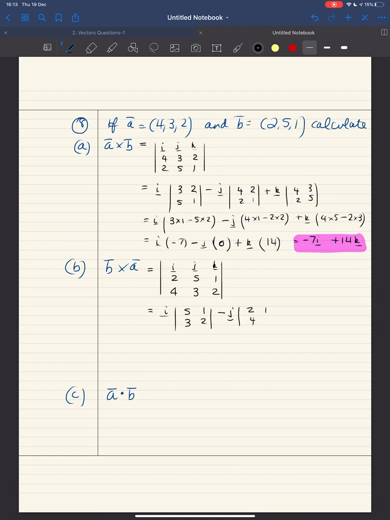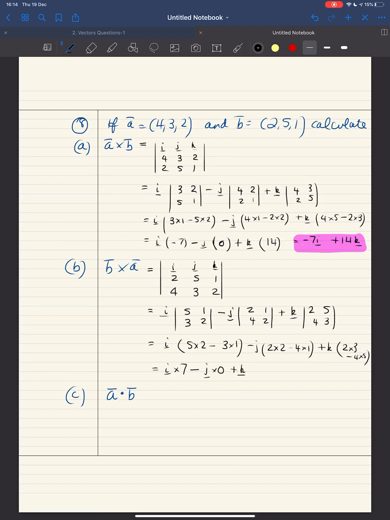j, 2 4, 1 2, plus k, 2 5, 4 3. So it's i, 5 times 2 minus 3 times 1, minus j, 2 times 2 minus 4 times 1, plus k, 2 times 3 minus 4 times 5. So it's i, 10 minus 3, which is 7. j is still 0 like it was before.